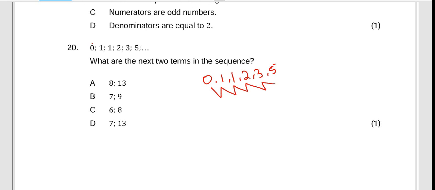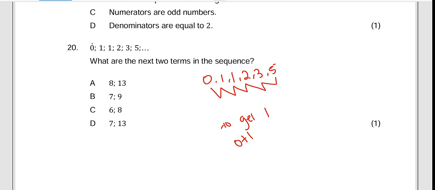So let's check how the pattern is going. In order for me to get this one, I added 0 plus 1, and it gave me 1. Guys, do you understand?